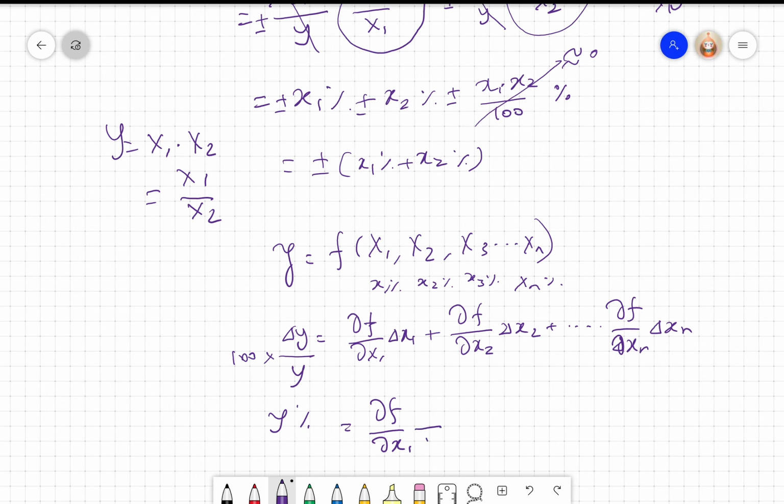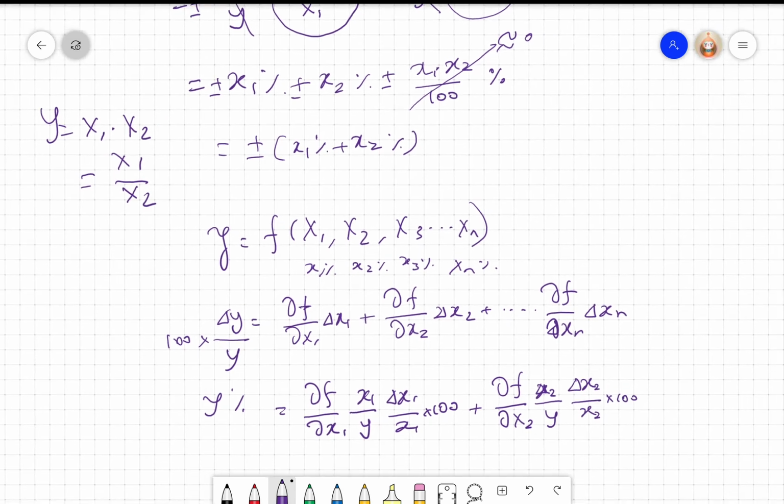I am dividing by y. I get delta x1. We do the same, x1 in the numerator, x1 in the denominator into 100. Plus dou f by dou x2 divided by y, delta x2, again I put x2 in the denominator, x2 in the numerator, into 100.